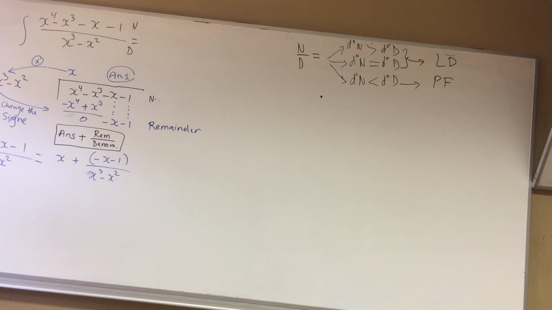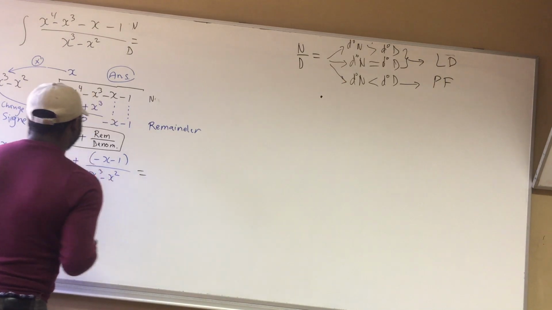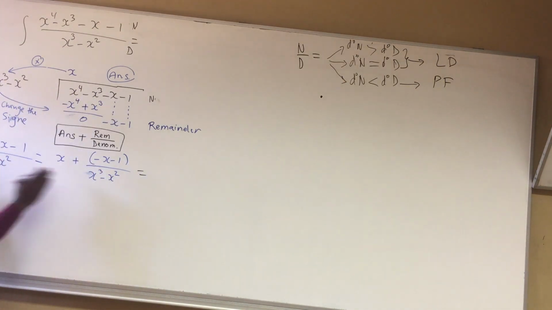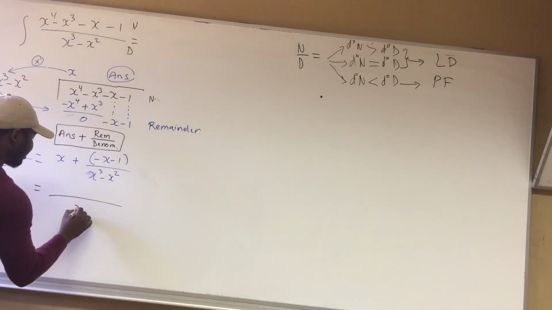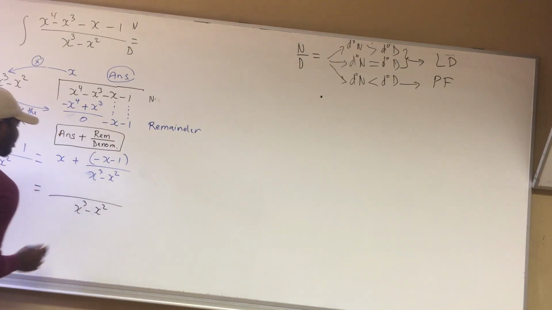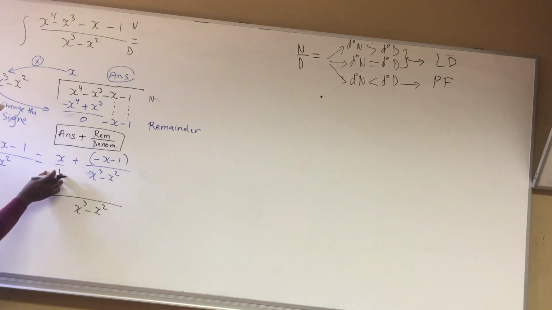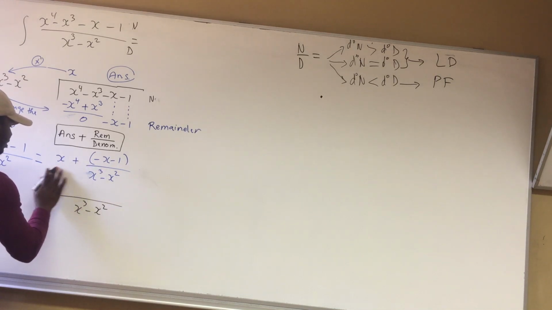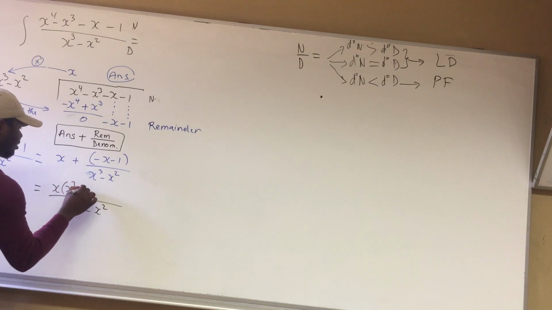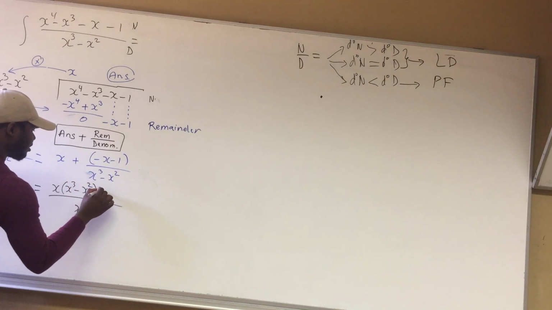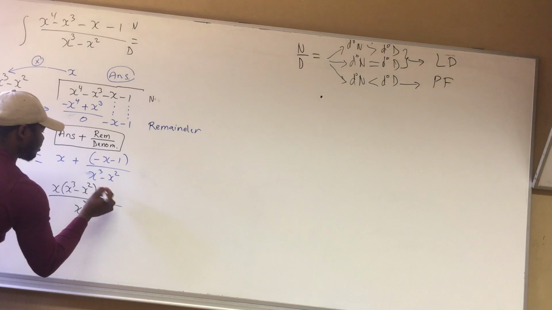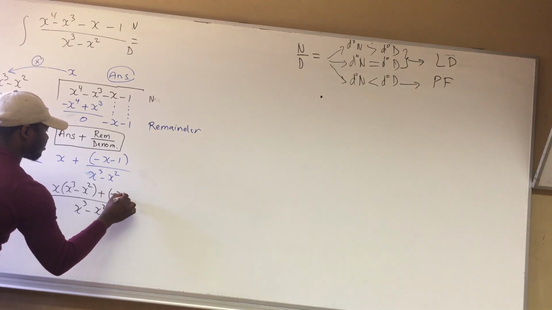In case you are doubting, let's try to prove it. Is this the same as that? Let's find the common factor, which is x cubed minus x squared. I take this divided by 1, multiplied by x. It gives me x multiplied by x cubed minus x squared, plus minus x minus 1.